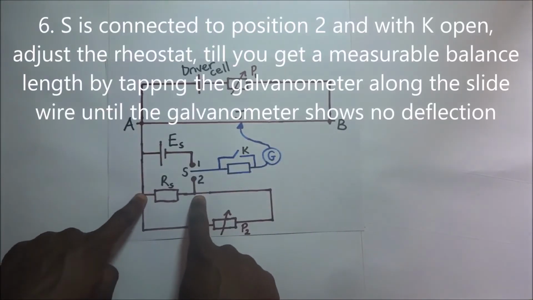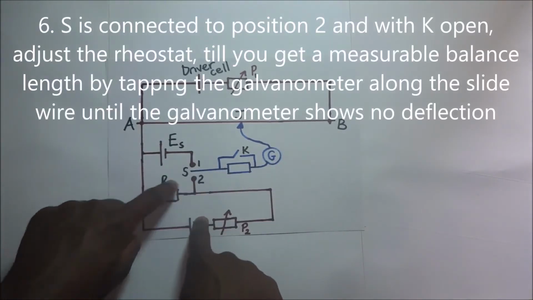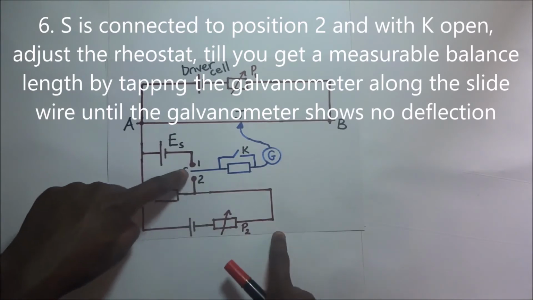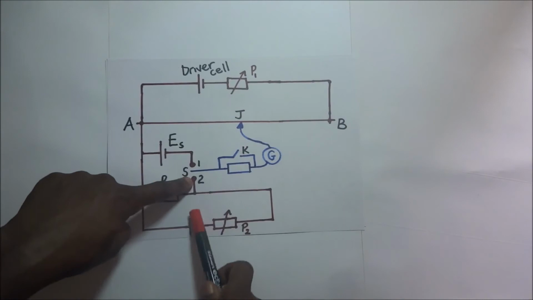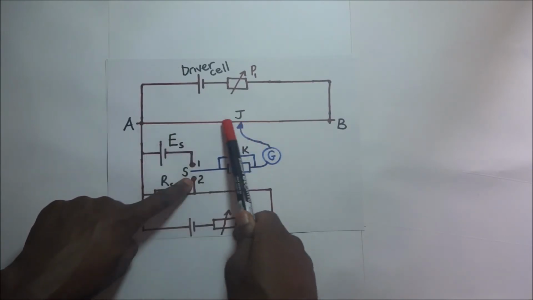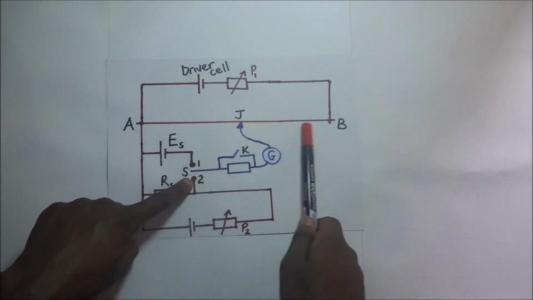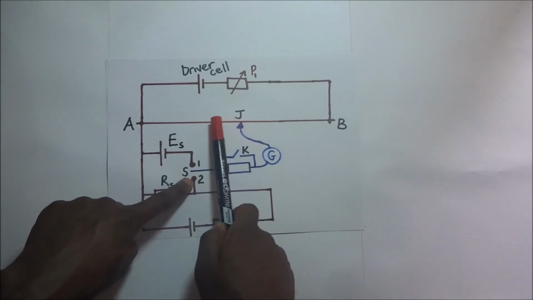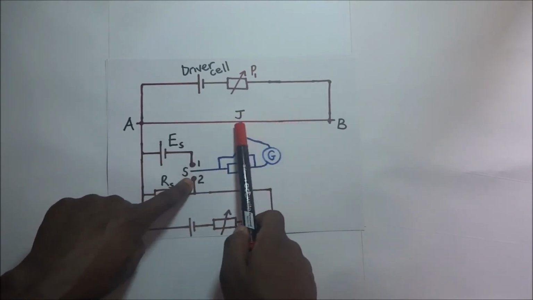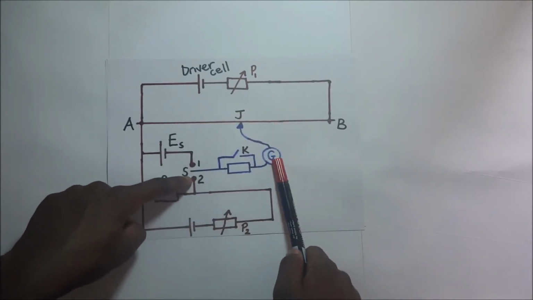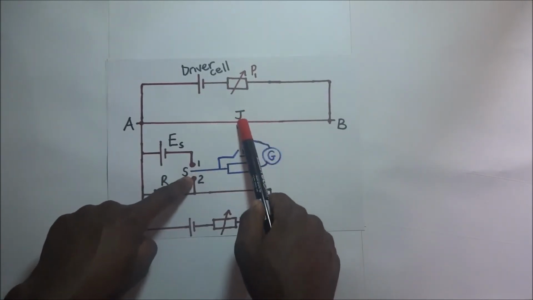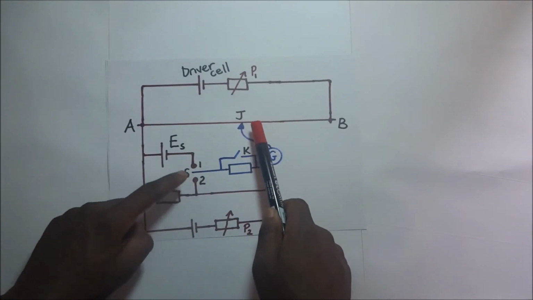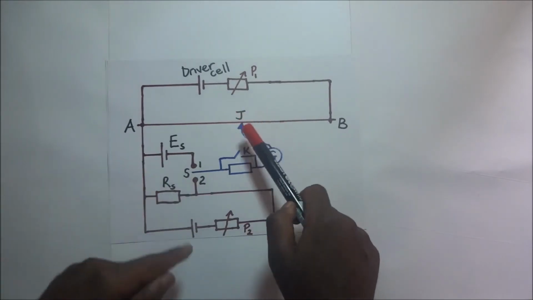So how do we do this? We do this by connecting S to position 2. Of course, when you connect S to position 2 while K is open, we go ahead and tap this jockey along the slide wire until we obtain a point where the galvanometer shows no deflection. After obtaining that point, we will have obtained an approximate balance length.